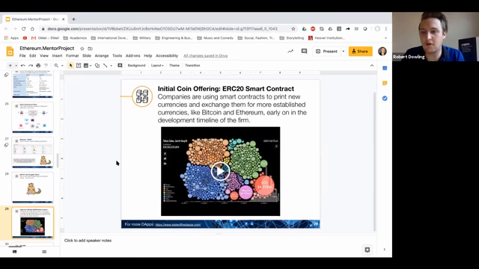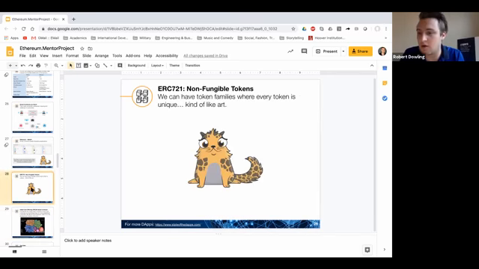Initial coin offerings are a very, very popular use case. I really don't want to get into it. This is visualizations from a company called Elementus, which does an amazing job with blockchain data analysis. I encourage you all to go check them out, but just know that with an initial coin offering, a lot of companies got involved with this.